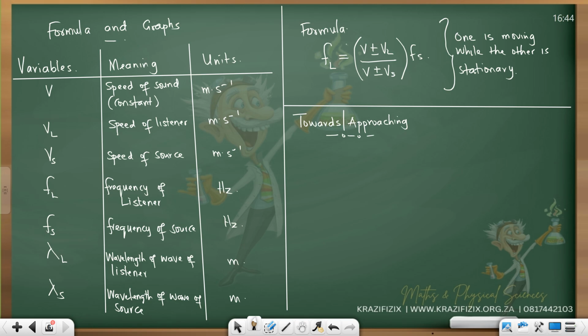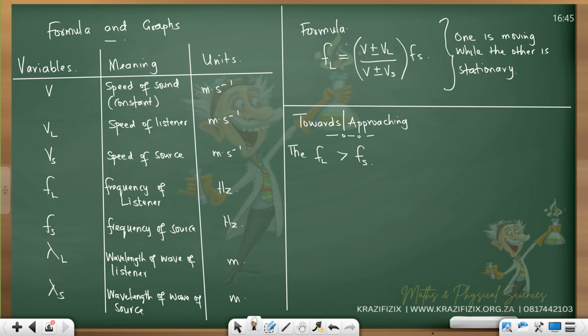Because sometimes they will not be very clear to say whether it's approaching or receding. For something to be approaching, the frequency FL will be greater than FS. Anytime FL is greater than FS, like we saw earlier on, it means we have the object moving towards or approaching.